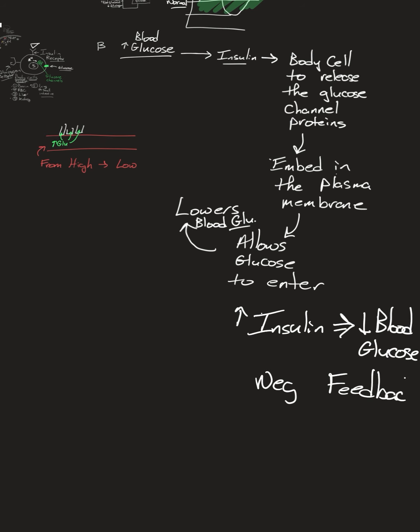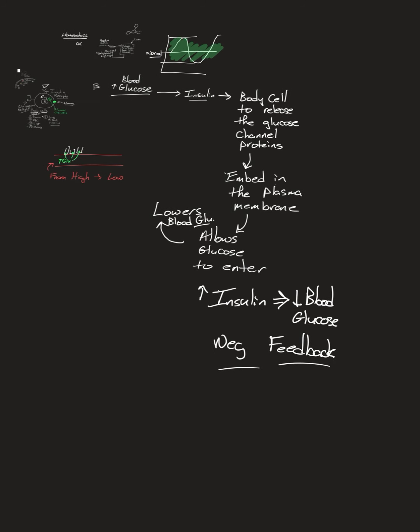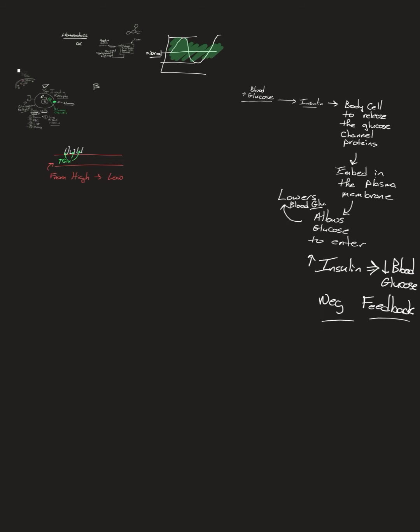Remember, negative feedback means the opposite, when you have an inverse relationship between the two variables. Negative feedback allows the body to regulate things, not allow things to get too high or too low.